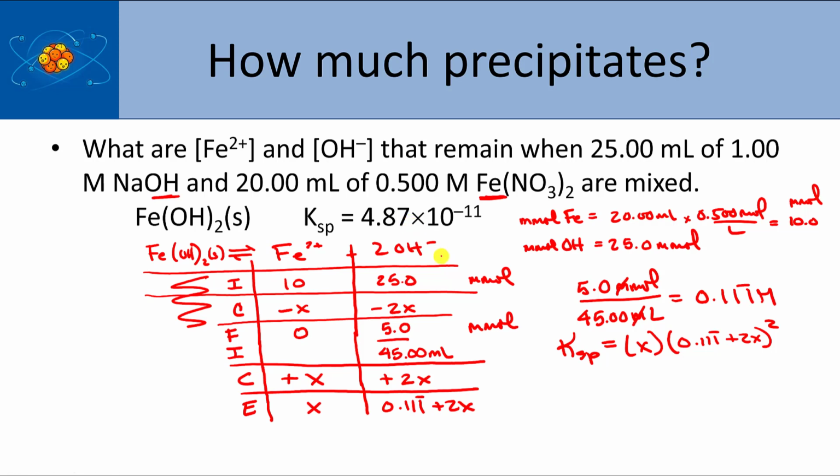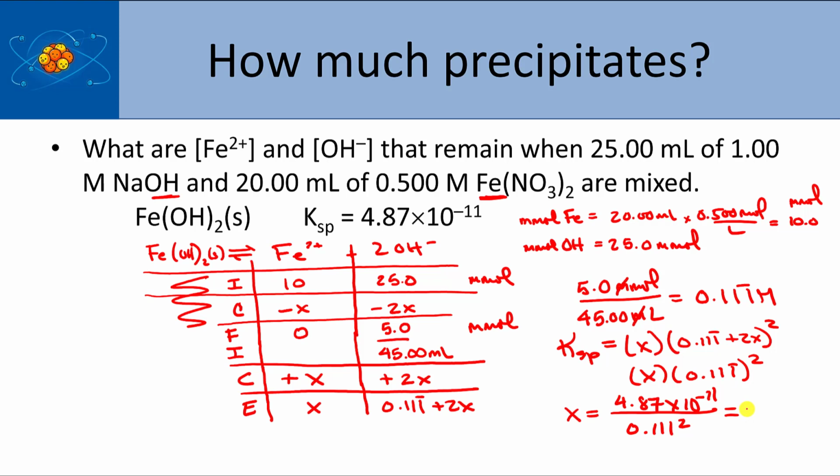Now you get to solve it for X. But if you can assume X is small, and you can, and we'll prove it to ourselves in a second, then you can just assume that this is the same as X times 0.111 repeating squared. And so now X becomes 4.87 times 10 to the minus 11 over 0.111 squared.